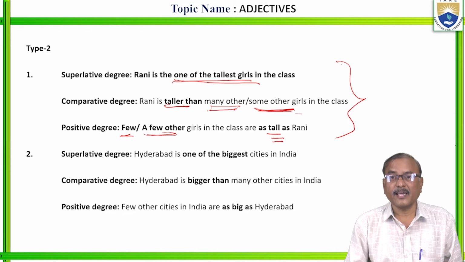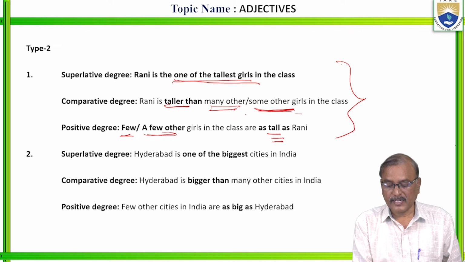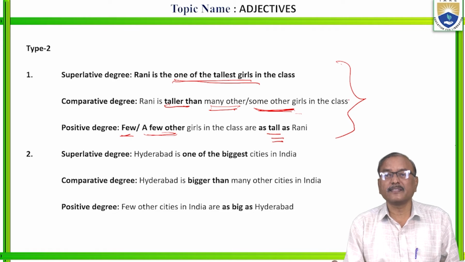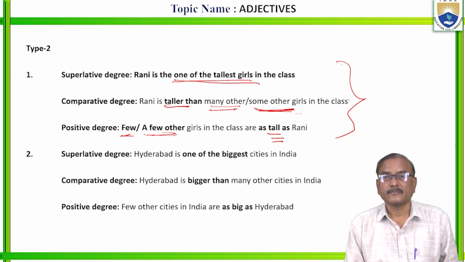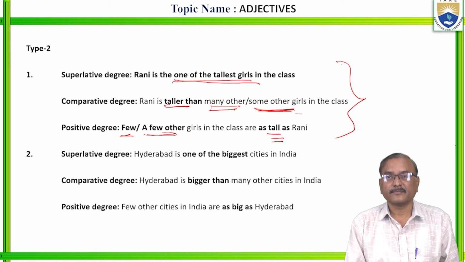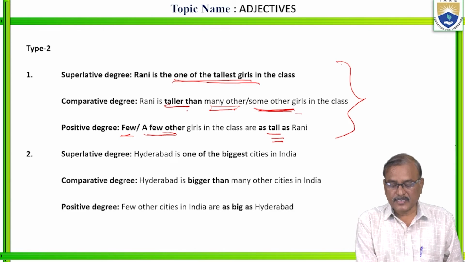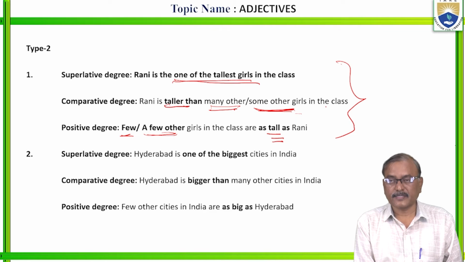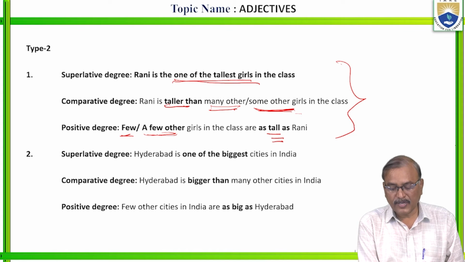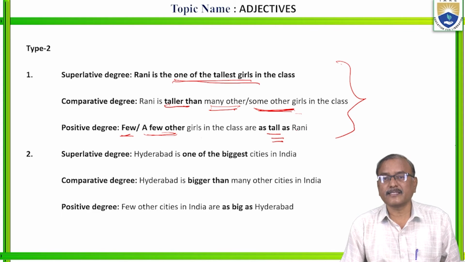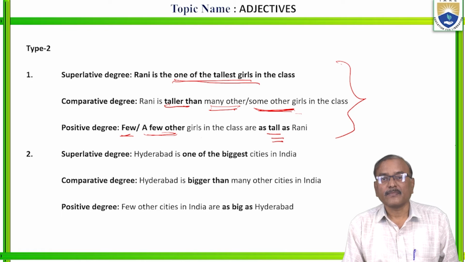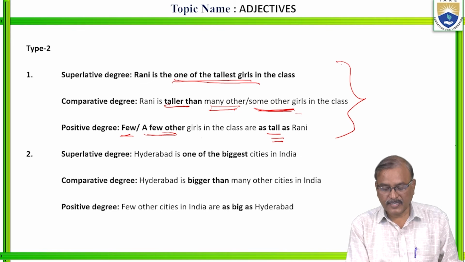Rani is taller than some other girls in the class, or many other girls in the class. You can think of it like that. Rani is taller than some other girls in the class. Then a few other girls in the class are as tall as Rani. See the next example.